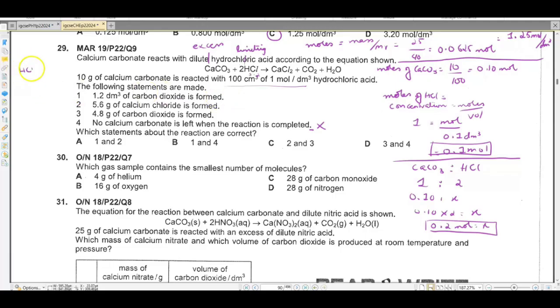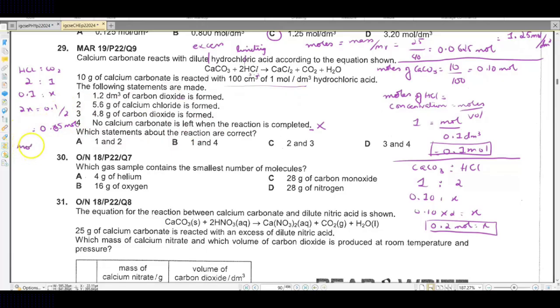So HCl and CO2: 2 of HCl, 1 of CO2, 0.1 of HCl and x. 2x is equal to 0.1. So 0.1 divided by 2 is going to give us 0.05 moles of carbon dioxide. Theek hai? Once we've reached 0.05 moles of carbon dioxide, now we can find the volume.